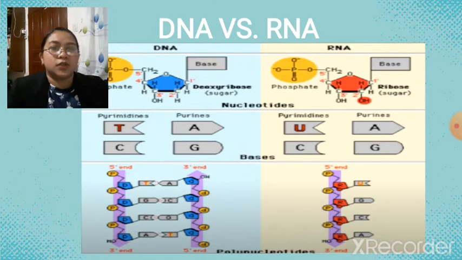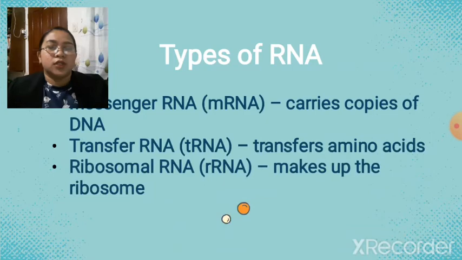Here is the structure of DNA and the RNA. Now, there are different types of RNA. These are messenger RNA, which carries copies of DNA.